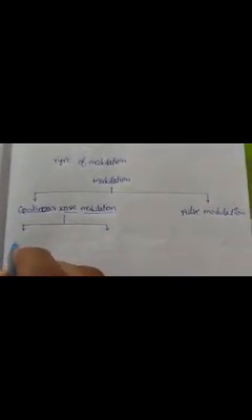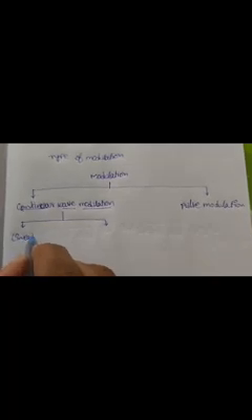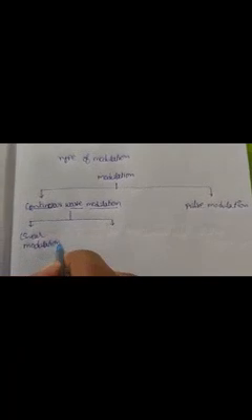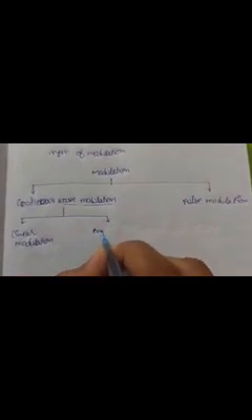The continuous wave modulation can be classified into two types. They are linear modulation and second one is angle modulation.